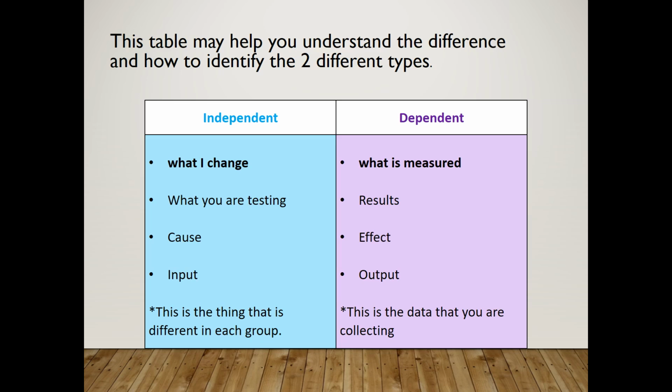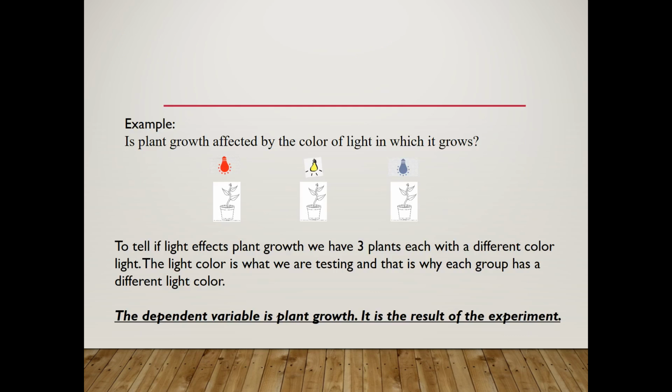And the results would be how high the plants got or how much they grew. The effect would be the plants growing. The cause of the plant either not growing is because it was in a closet, or the effect being the plant did grow because it was in front of a window. The input and the output. The independent is just a thing that is different in each group. Independent variables would be the window or the closet, and the dependent is the data you are collecting.